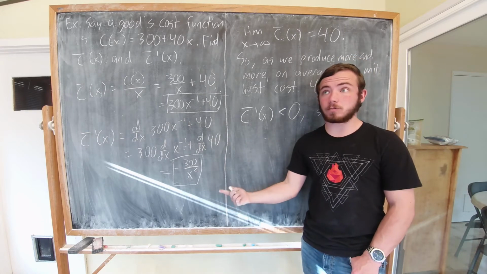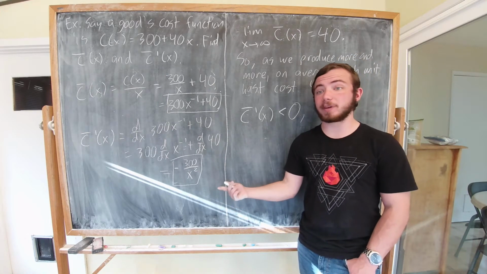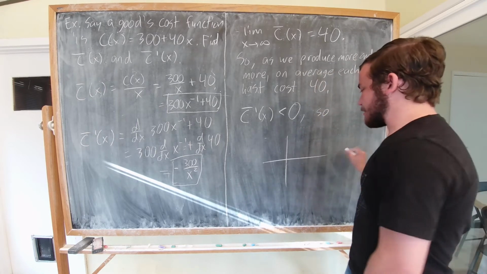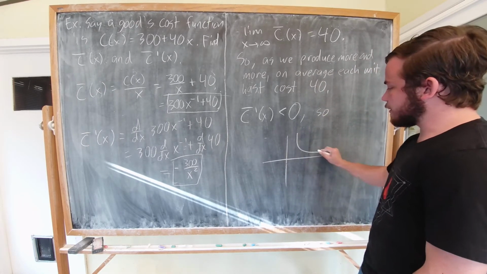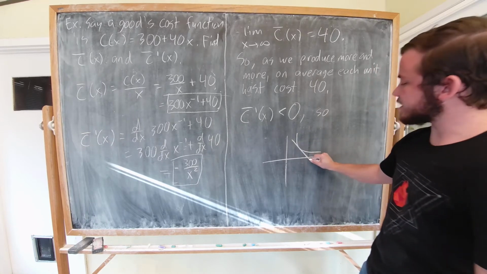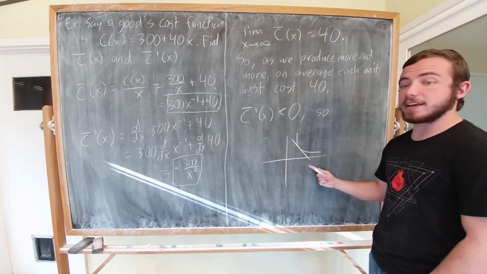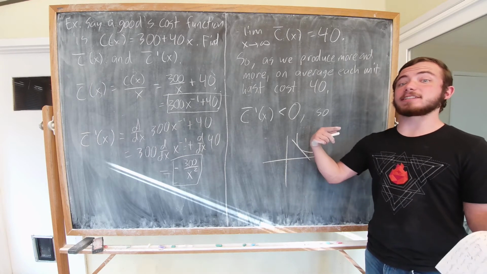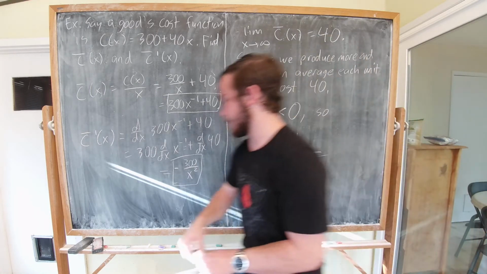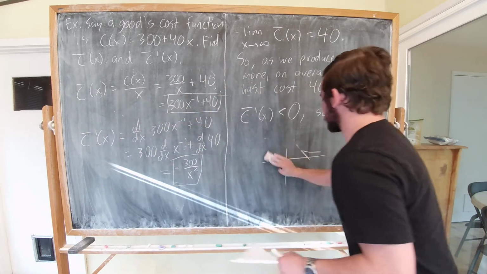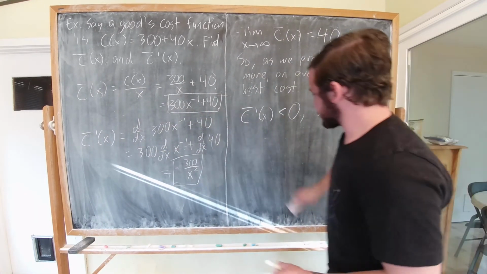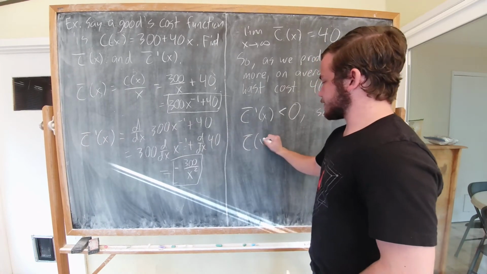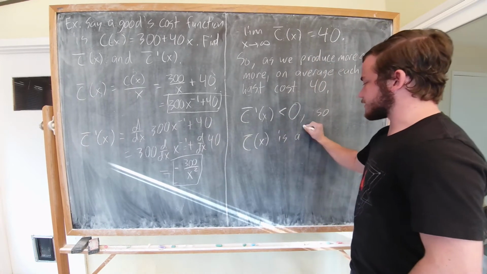We'll be given an explicit theorem about this in a couple chapters from now. But a derivative less than 0 means that the tangent line is going downwards, which intuitively means that the function is decreasing right there. So C bar of x is always decreasing.